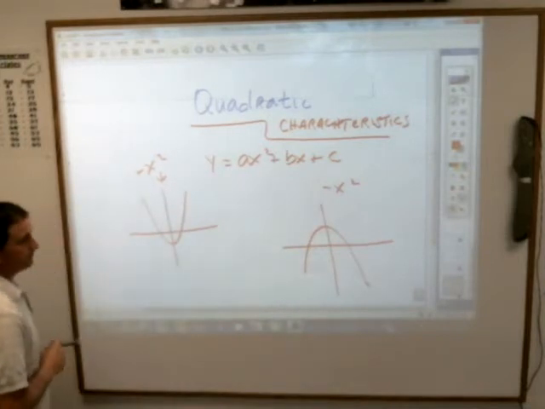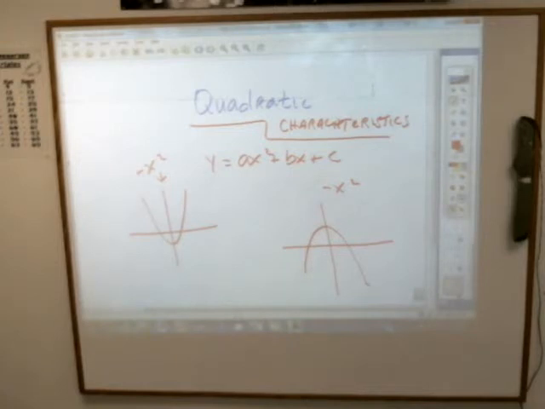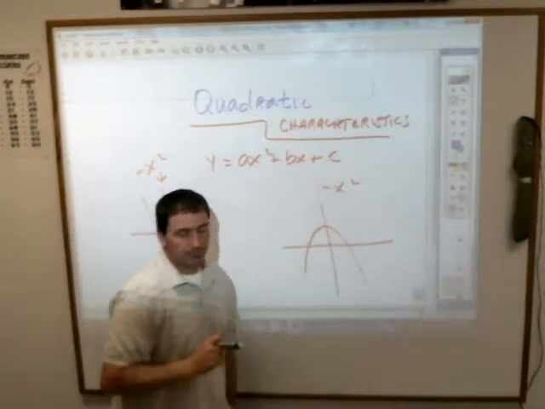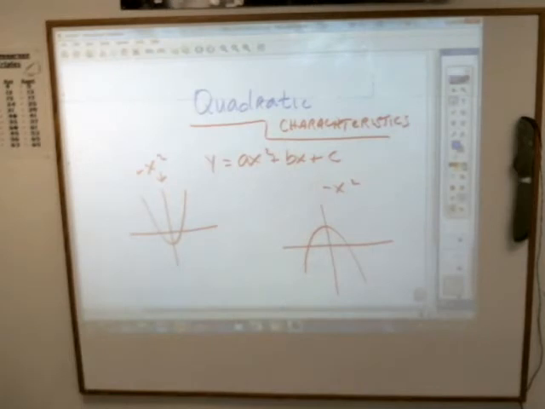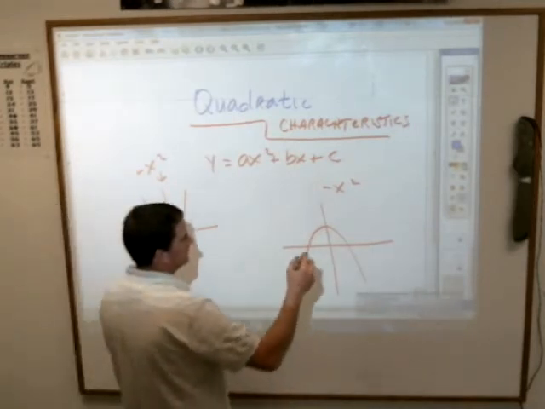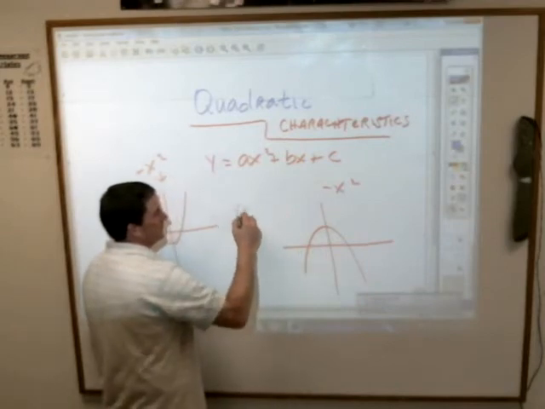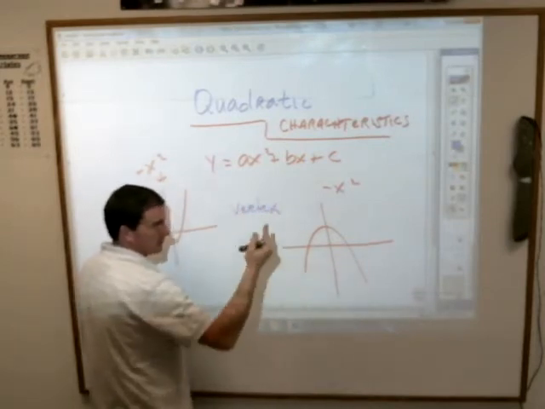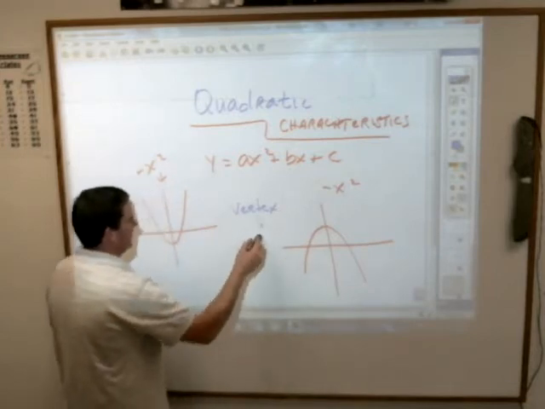Now, in a parabola, a couple things we have to define here. Point number one is what's called the vertex of the parabola. Just like with angles, the vertex is the place where it goes off into a different direction.